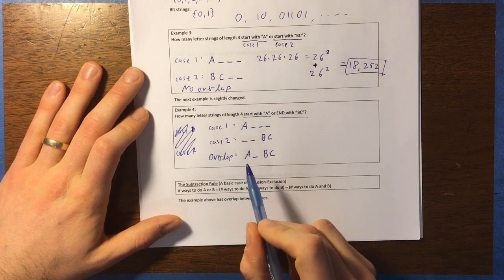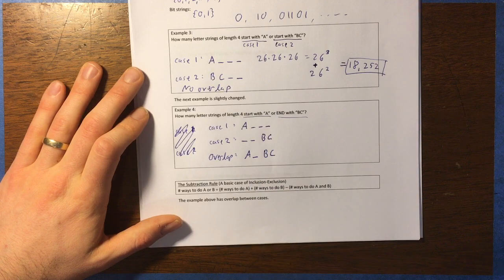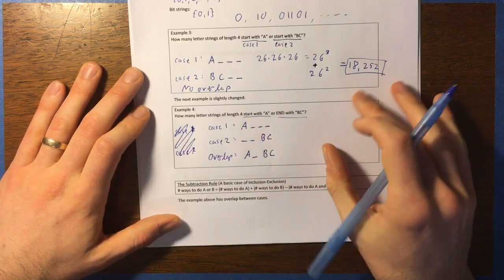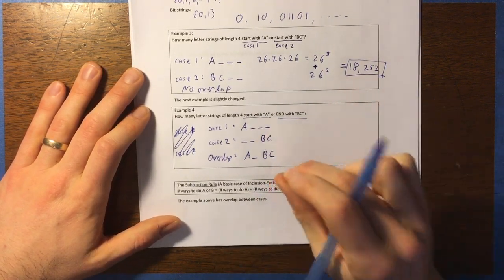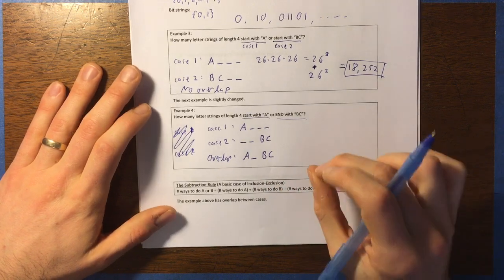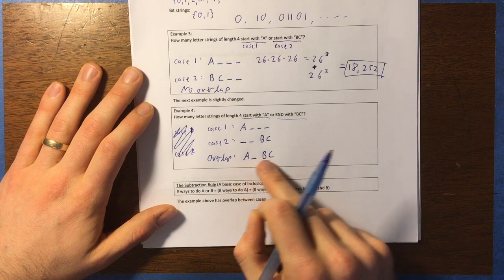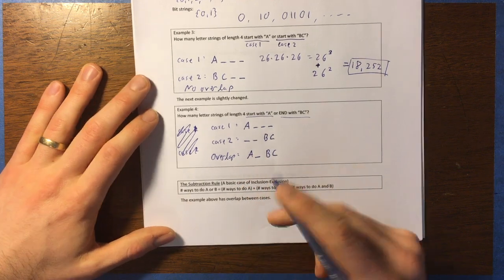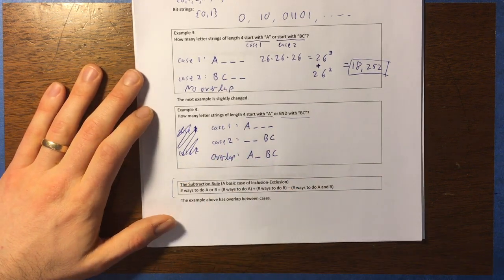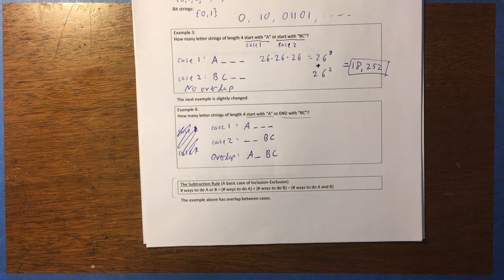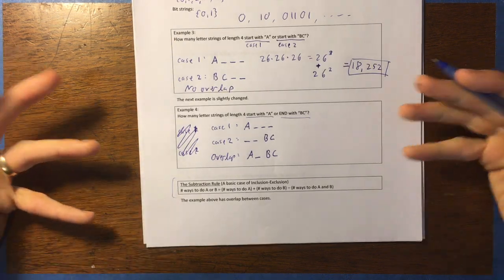So that both starts with A and ends with BC. So in this case now, the sum rule no longer applies because this is not an XOR situation. It's an OR, but it's now an inclusive OR because there is an overlap to consider. So for this, we now need what is called the subtraction rule. So this is a basic example of something called inclusion exclusion.